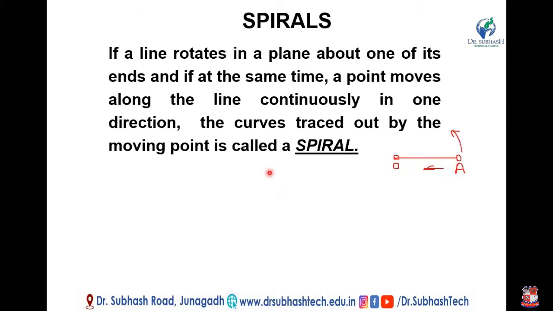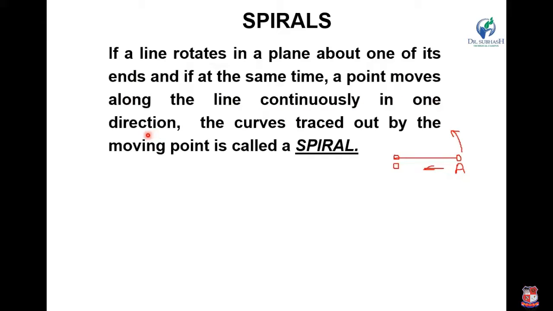A spiral: if a line rotates in a plane about one of its ends, and at the same time a point moves along the line continuously in one direction, the curve traced out by the moving point is called a spiral. For example, one line is there, OA. This line OA is moving about point O in this direction.